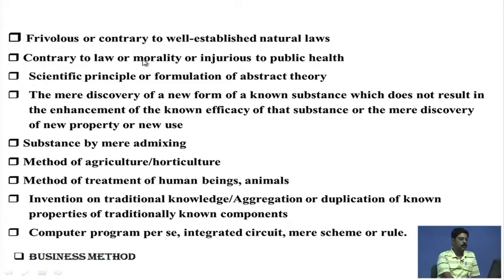Then, contrary to law or morality or injurious to public health. This ground has been created to protect society. For example, cigarette-related or tobacco-related inventions may be considered injurious to public health, so they may not qualify to be patentable inventions. Any radioactive-related invention may also not come within the purview of patent, though people are working in that field.